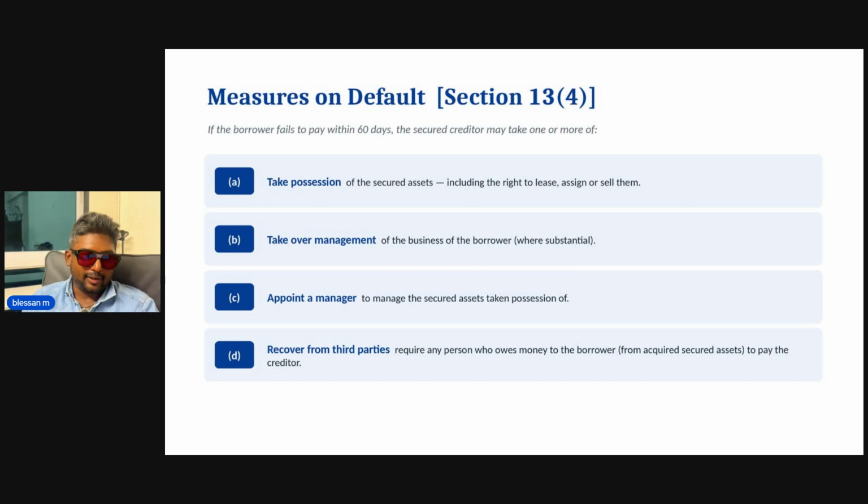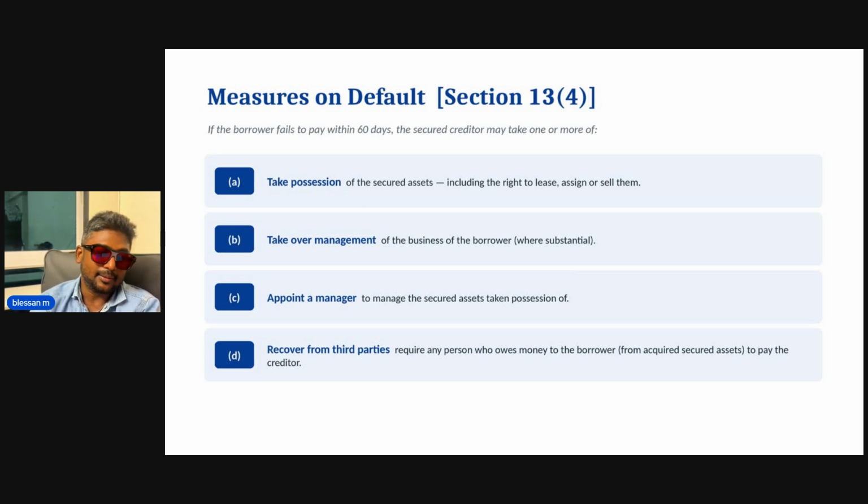Now, measures on default: after the Section 13(2) notice, after 60 days, after the borrower has exhausted his representations, if the dues are unpaid, then the secured creditor can do any one of these. They can take possession of the secured properties. If they have a mortgage of an immovable property, they can take possession. They have the right to lease, assign or sell them.